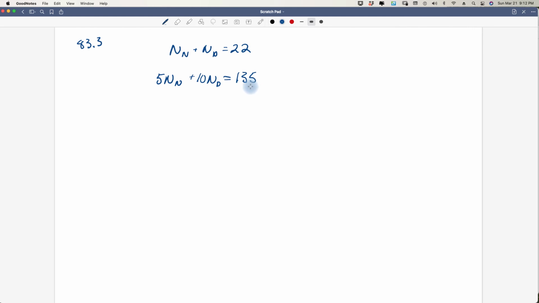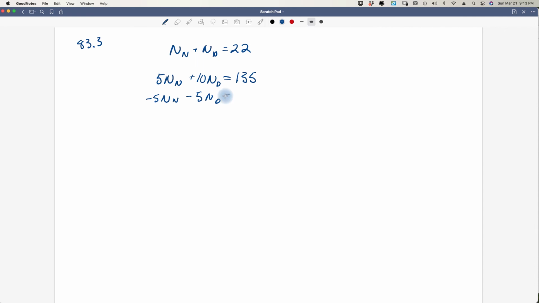So let's use elimination this time, and let's multiply by -5 here. So let's go ahead and bring that down and do that here. -5 times the number of nickels is -5 times the number of nickels. -5 times the number of dimes is -5 times the number of dimes.